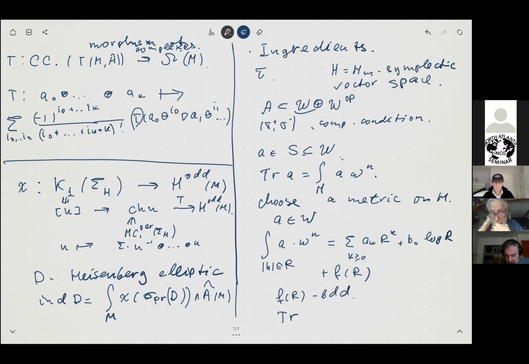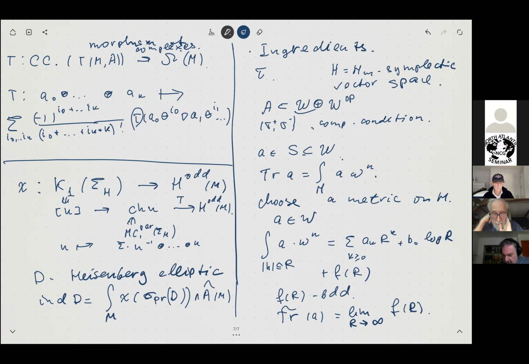Define the regularization of the trace to be what you get from the bounded component. So we remove all the divergences and compute the limit. Such a limit will exist due to the asymptotic expansion condition imposed on A. Namely, at infinity, A has to behave in a certain way, which guarantees the existence of such asymptotic expansion. And for a Schwarz function, you do recover the old trace.